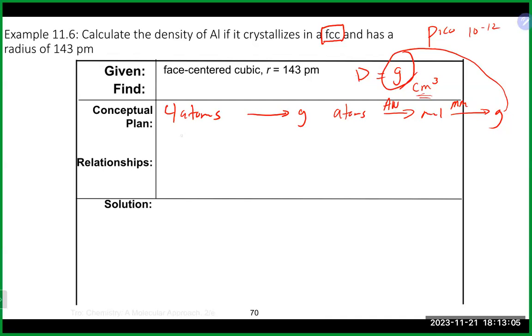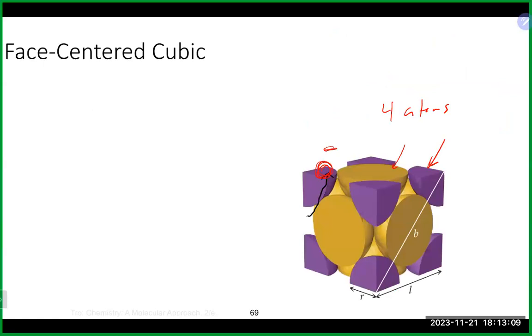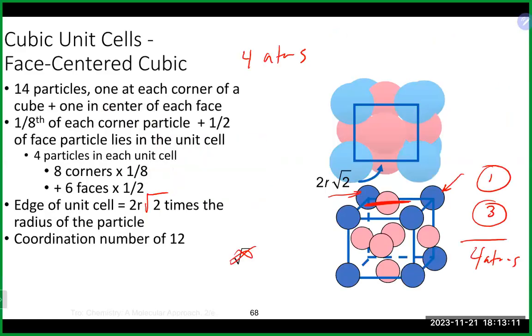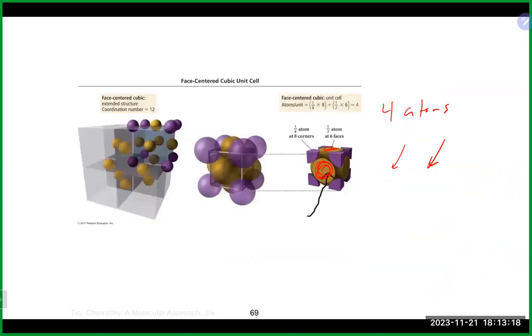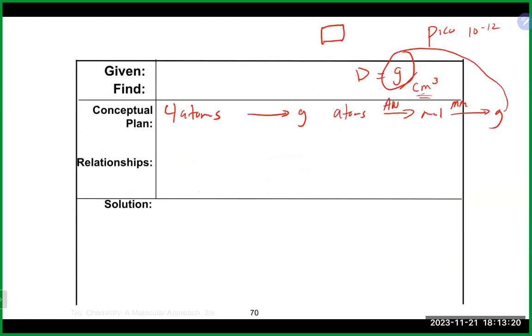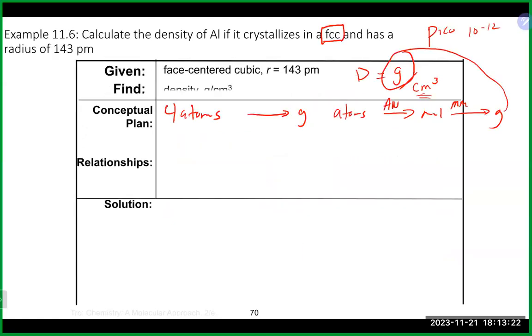So how are we going to get the volume part of it, which is the cubic centimeters? Well, we know that this is face-centered, which means to calculate the length of the edge, it is 2 times the radius times the square root of 2. So if we take that into account, 2 times the radius times the square root of 2, we can use this to get our length.